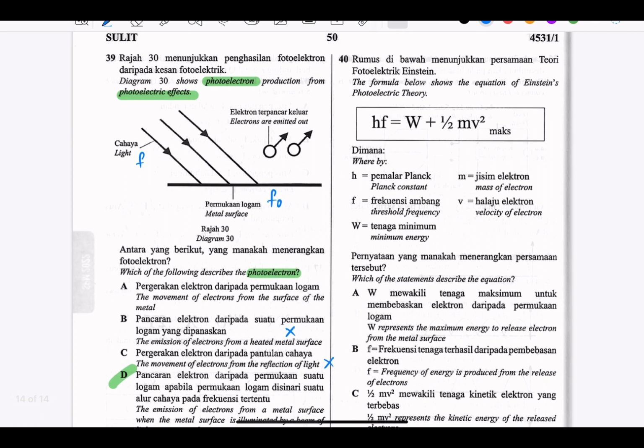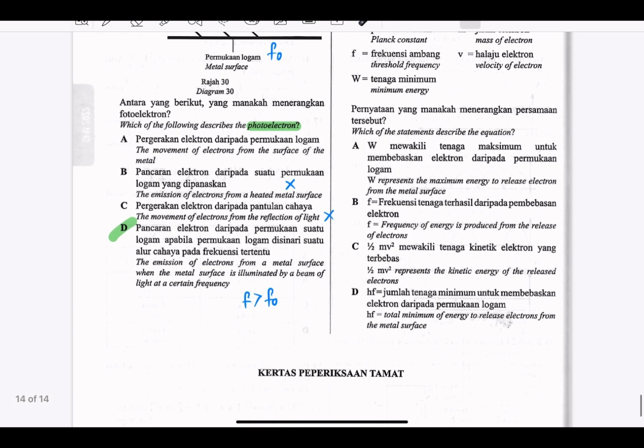Okay, the last question. The equation of Einstein's photoelectric theory. Okay, this is the energy from the light. And this is the work function. And this is the maximum kinetic energy of your photoelectron. Which of the statements describes the equation?